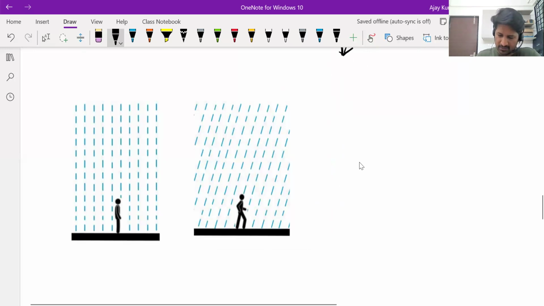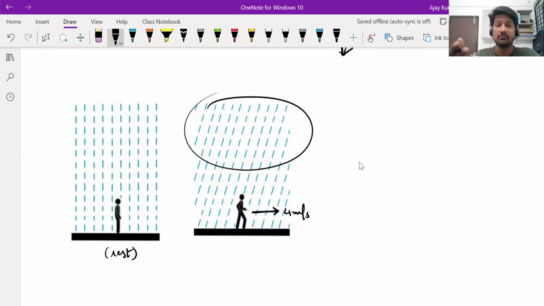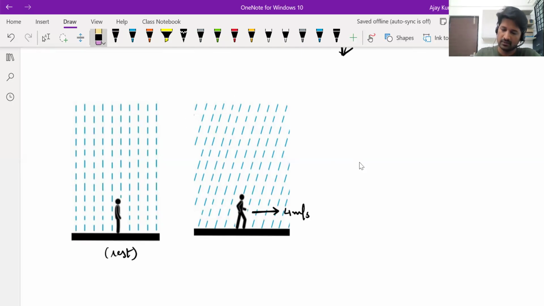So first case, person was at rest. Second case, person is, let's say, walking with some speed, say some 4 meters per second. Then this diagram is the relative velocity diagram, not the actual velocity of raindrops. With respect to the person, how it appears is what we are showing here. So this is the velocity of rain with respect to person now.